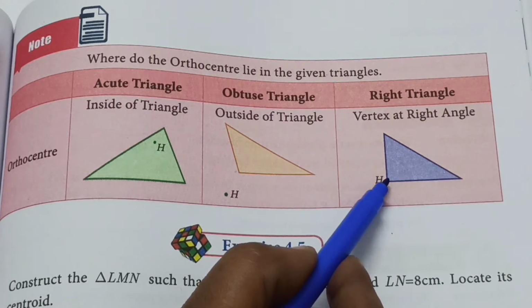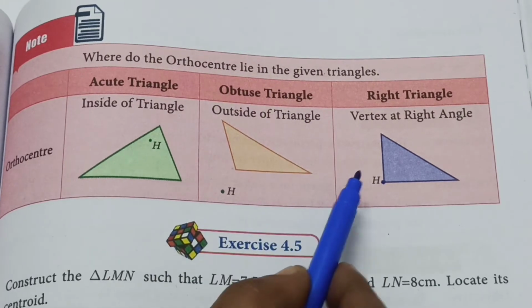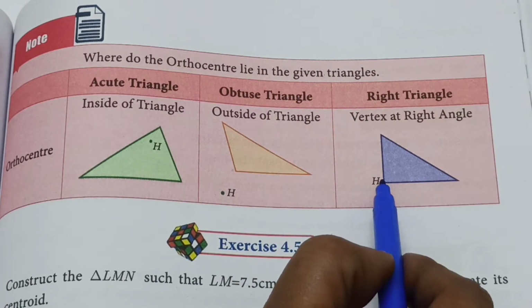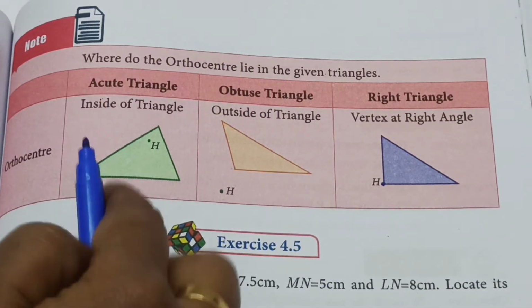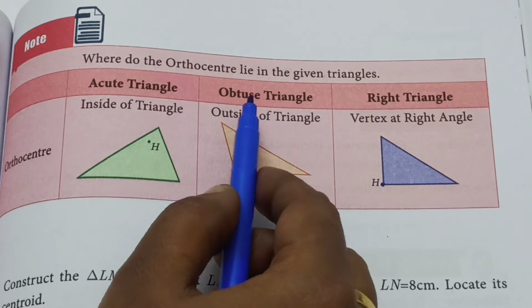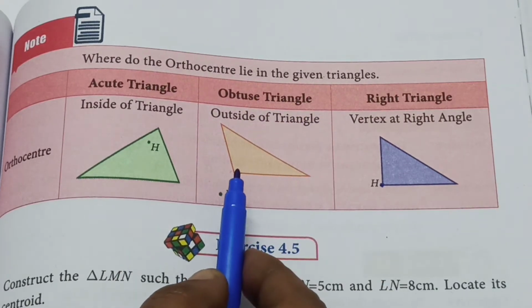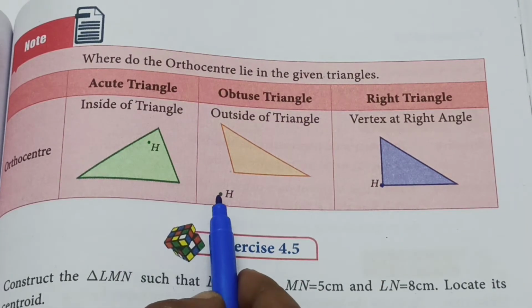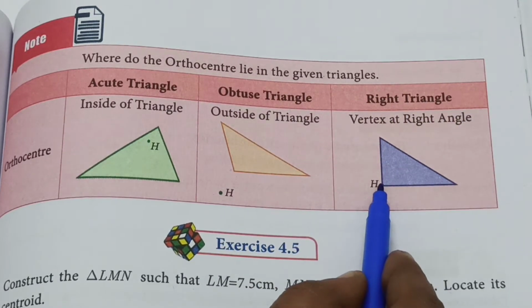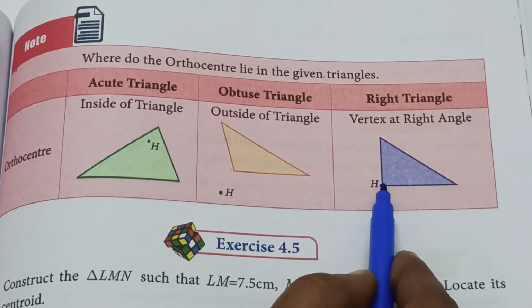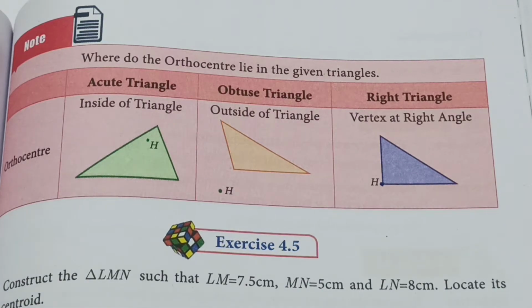We can plot the orthocenter there. Have you understood? Acute angle means inside of the triangle. Obtuse angle means outside of the triangle. Right triangle means the orthocenter will come at the vertex at the right angle.